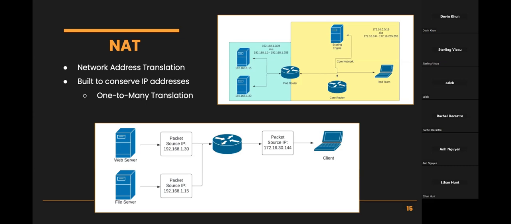Let's say one web server in this example is 192.168.1.30, and you also have a file server that's 192.168.1.15. Maybe you have some laptops or computers that are .40 or some other arbitrary value.